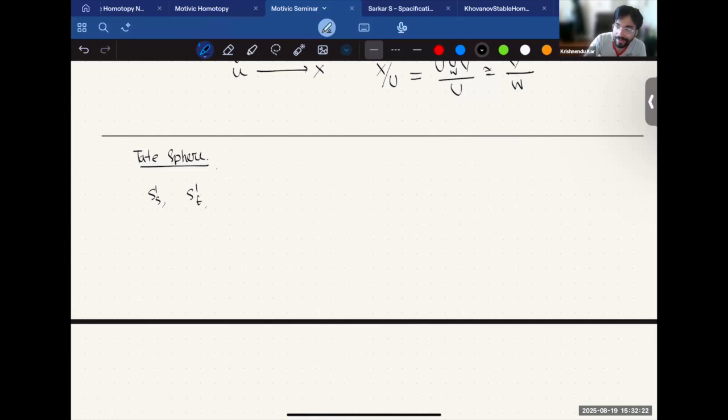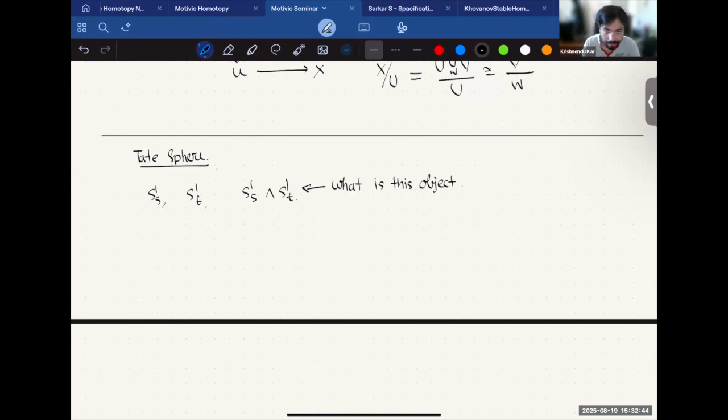The idea behind the Tate sphere is that you suspend the simplicial circle with the Tate circle. What is this object? And this is exactly what we are going to identify.